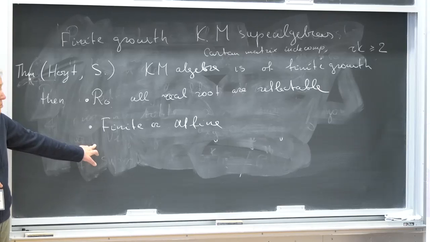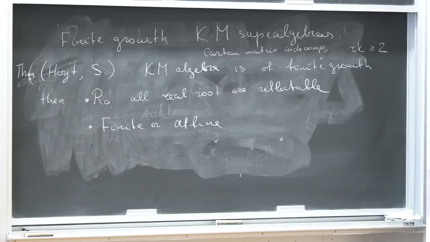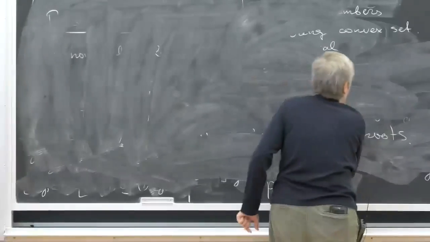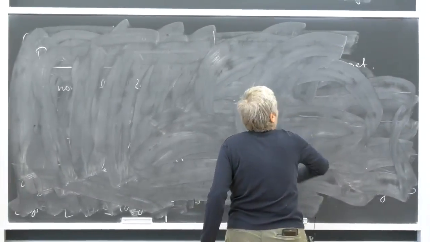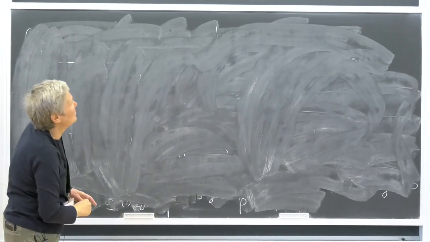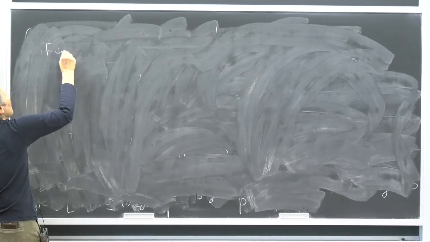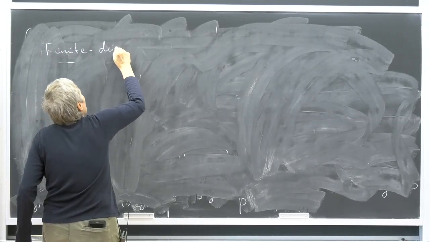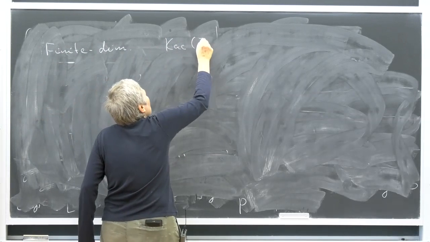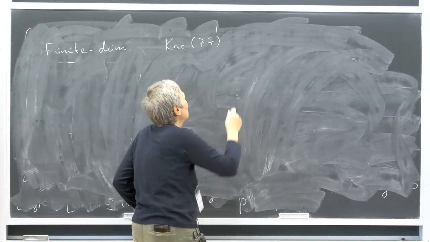And I should say about previous results, because this classification is interesting in itself. So all finite dimensional are classified by Kac in 77, and they are all symmetrizable.